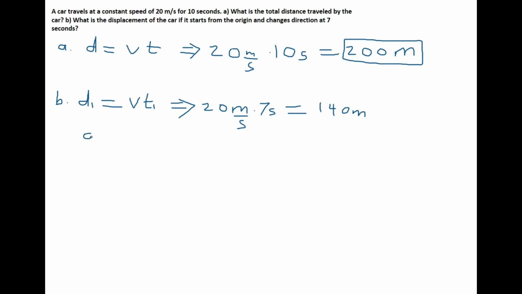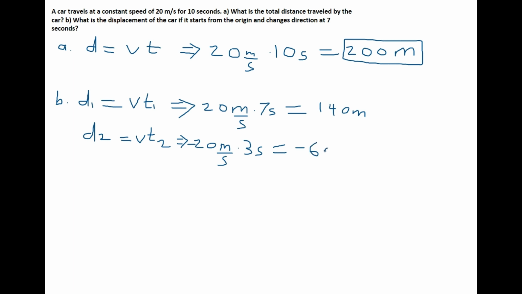Now, the second part, where it travels 3 seconds backwards, that distance will be called d2. And it travels for 3 seconds. Sorry, let's make that negative 20 meters a second since it switched directions.